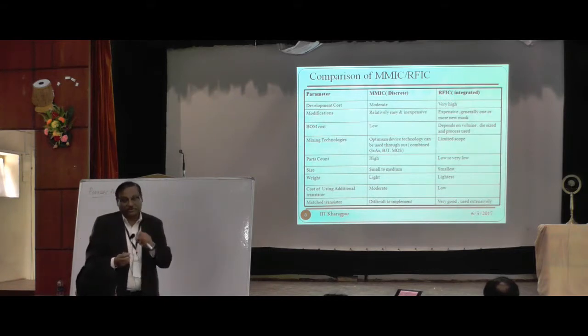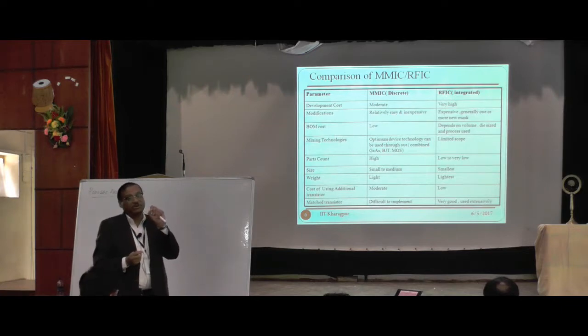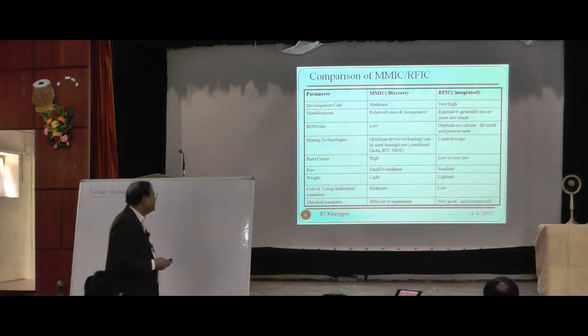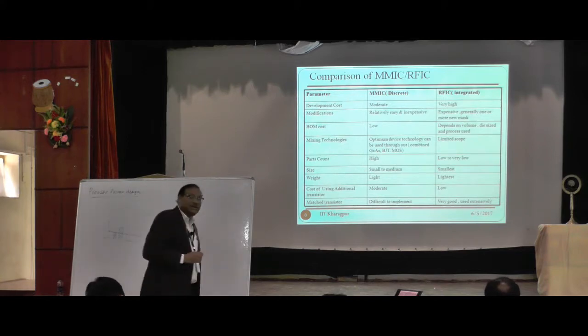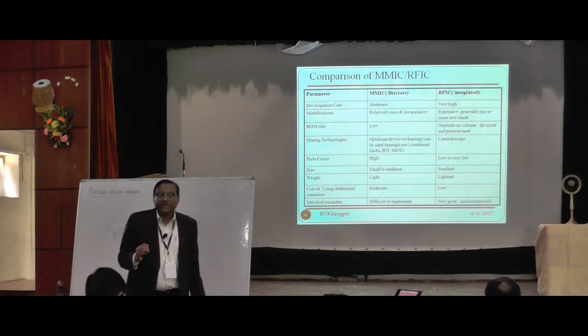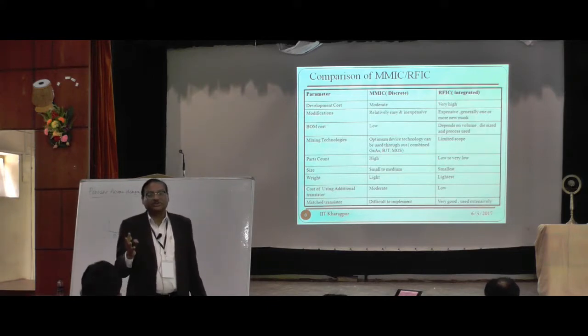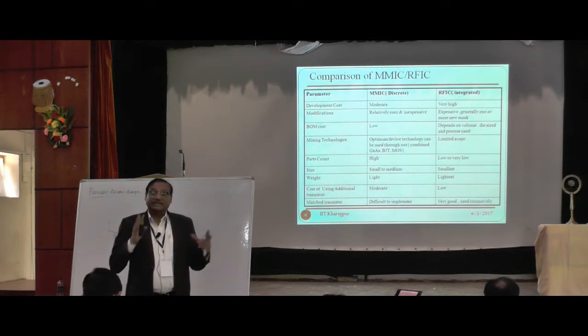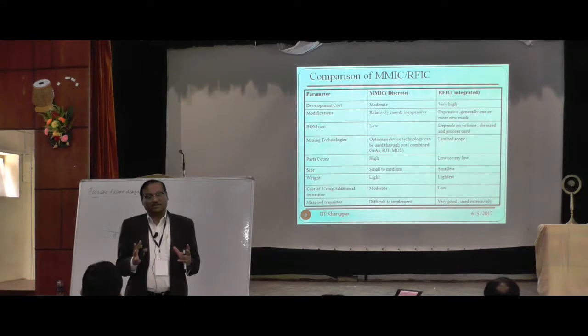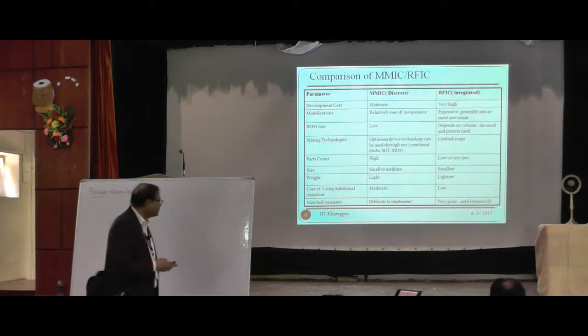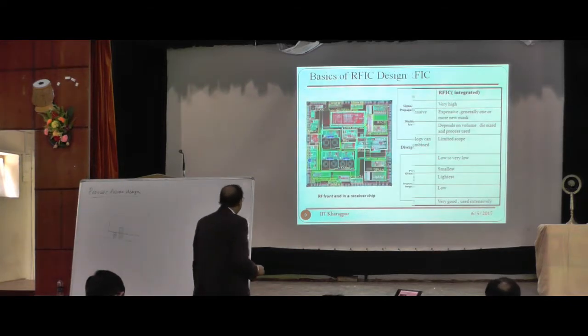But if you have really a small area, 1 millimeter by 1 millimeter, then this kind of MMIC would not work. And nowadays the MMIC is primarily non-silicon, like gallium arsenide, gallium nitride, those high electron mobility transistors are used. But even now the tendency is to integrate those non-silicon, that is group III-V compound semiconductor transistors, in a single chip. So that is the advantage.